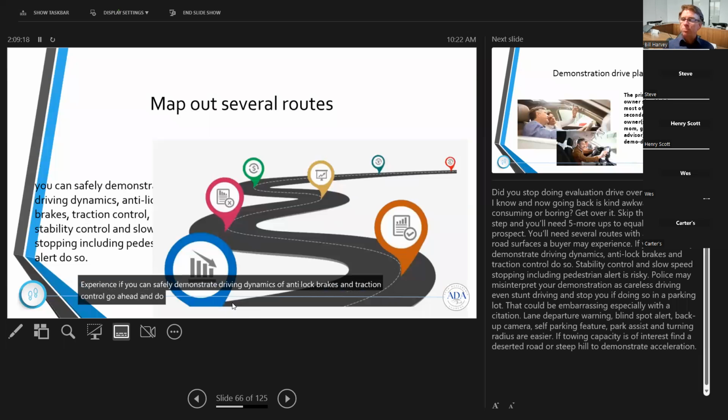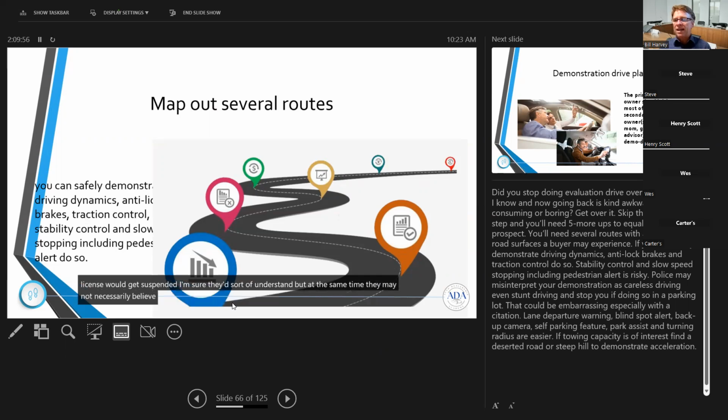Stability control and slow speed stopping, including pedestrian alert, is risky, because even in a parking lot, if a police officer saw you doing stability control maneuvers or slow speed stopping where someone or something is standing in front of the vehicle, they could interpret that as careless driving, even stunt driving, stop you even in a parking lot and give you a citation for it. If it were stunt driving or street racing, they will impound the vehicle and your license would get suspended. I'm sure they'd sort of understand, but at the same time, they may not necessarily believe you.